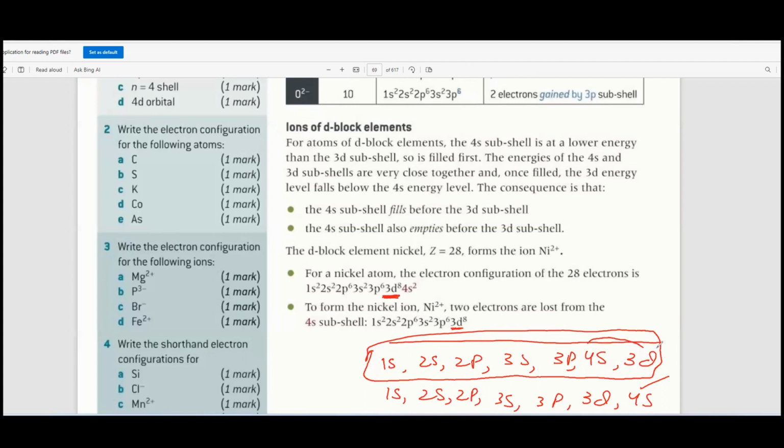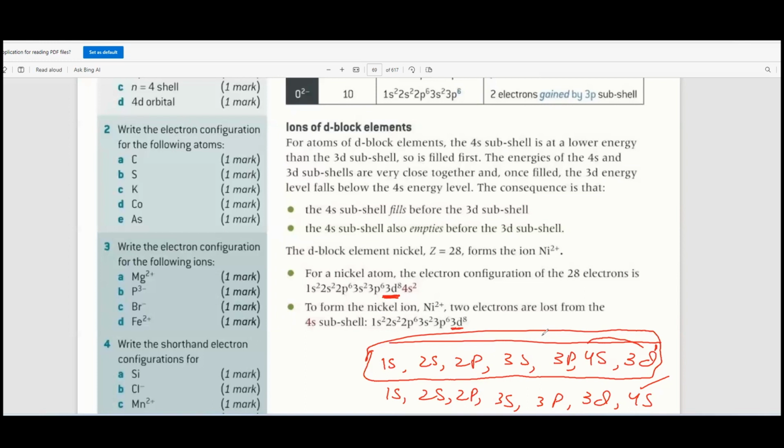As soon as you have put even one electron in 3d, now it all comes into order. So 3d comes before, and 4s is now at a higher energy level. And then when it needs to lose an electron, will it lose from 3d or from 4s? From 4s, because now 4s is at a higher energy level because of 3d. That doesn't make sense at all. It does not need to make sense. You just need to know this.